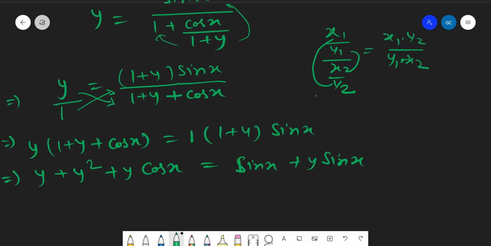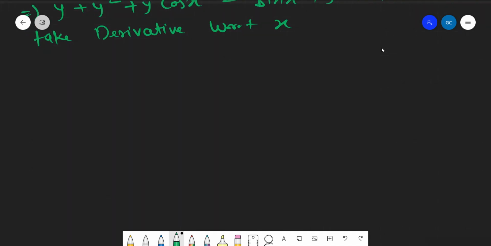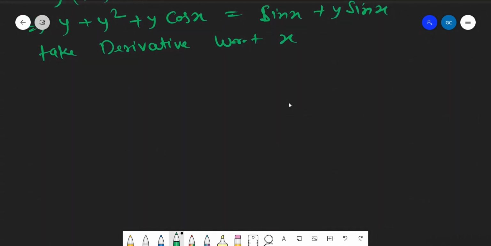Now it is simplified. Now we can take the derivative with respect to x. If I take the derivative with respect to x, what will it become? dy by dx, y square will be 2y dy by dx, right, guys?